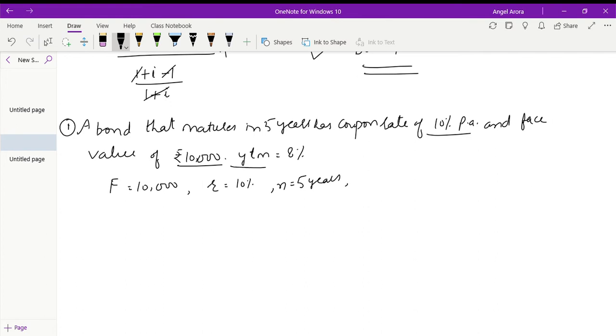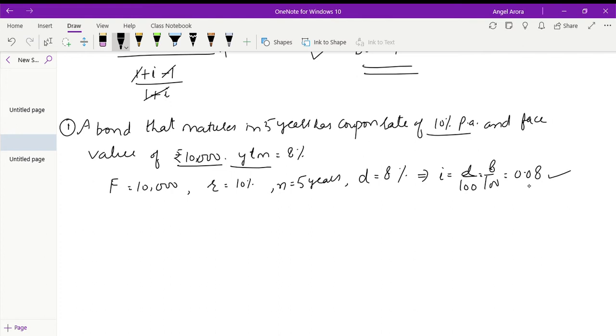And YTM, yield to maturity, is 8%. So that means D, this is denoted by D. So D is 8%. That implies I is equal to D upon 100, 8 upon 100, 0.08. So I will be 0.08. We will use this in our formula.